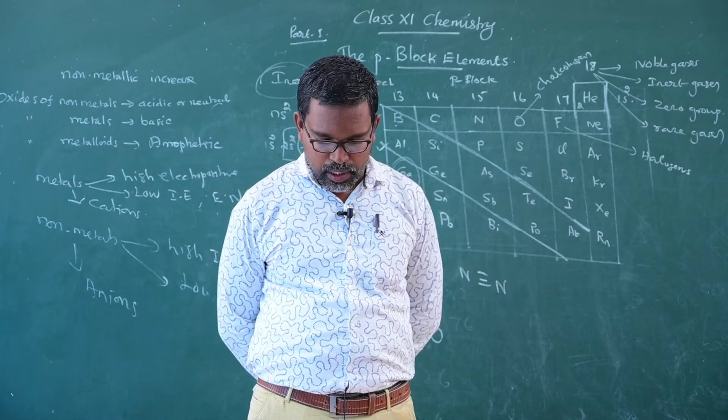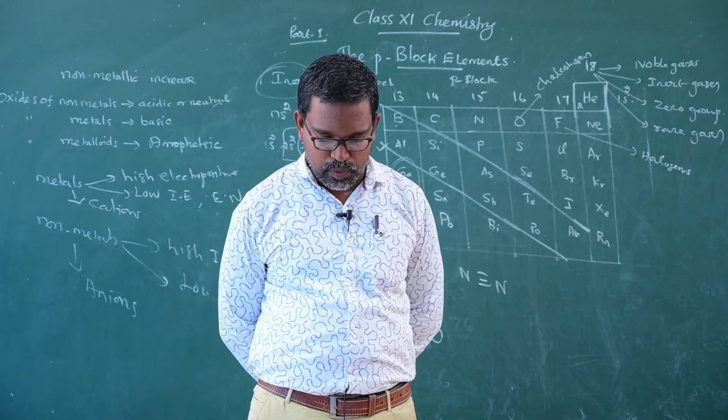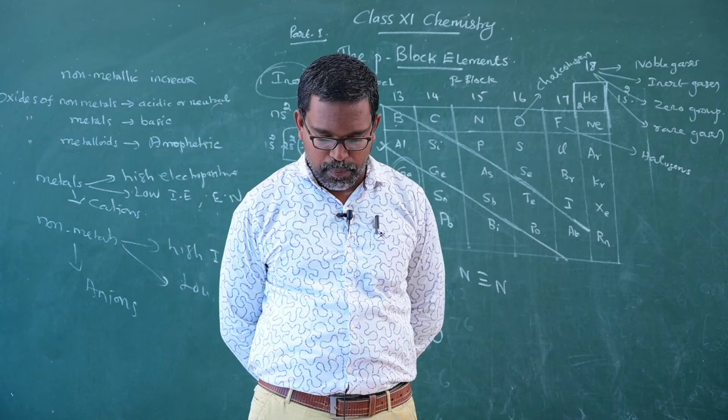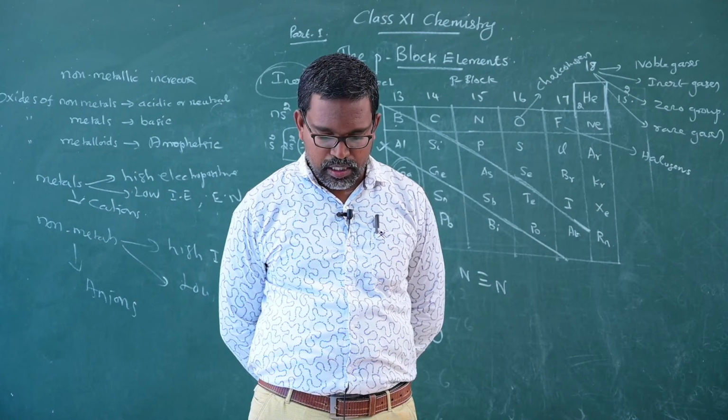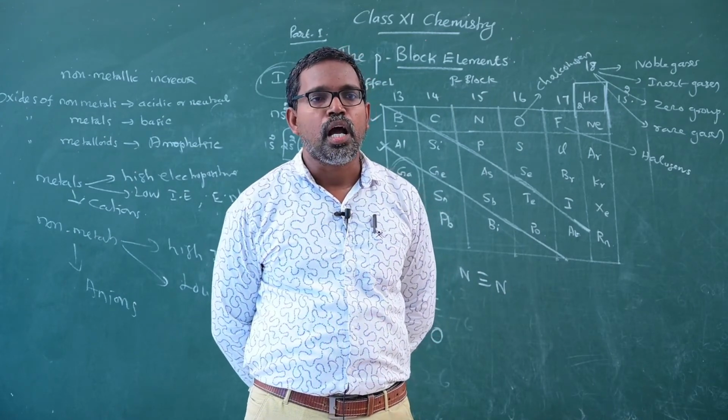The other members of the group do not have the tendency to form pi bonding, and heavier elements do form pi bonding, but they involve d orbitals and form d pi-p pi bonds in their compounds.